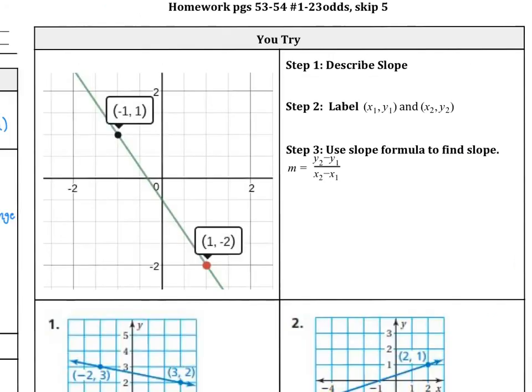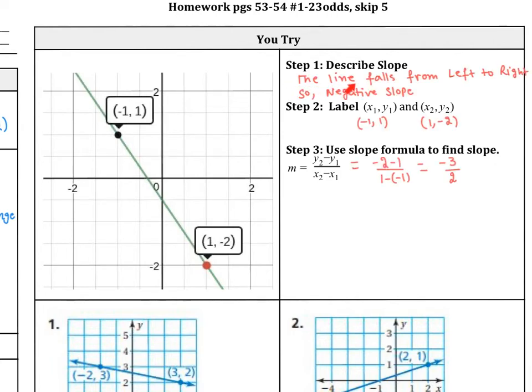Now let's do the try problem, and step number 1 is to describe the slope. The line falls from left to right, so it's going to be a negative slope. And now we are going to label the points. The first point I label as -1, 1, and second point I label as 1, -2.